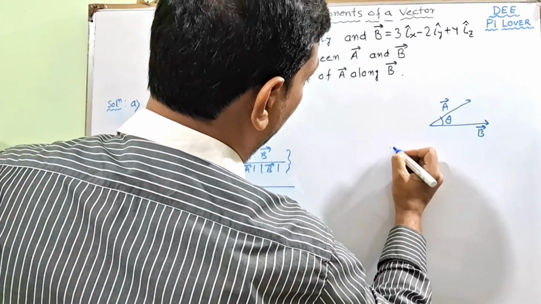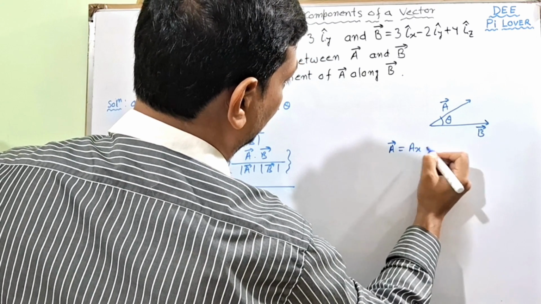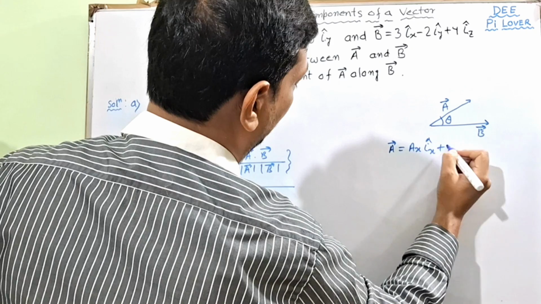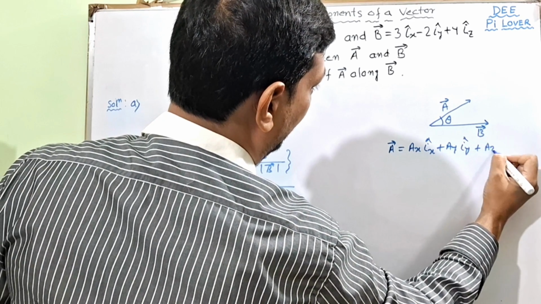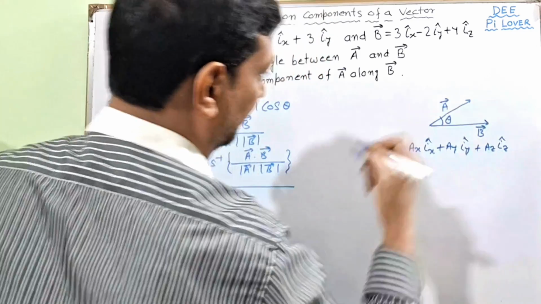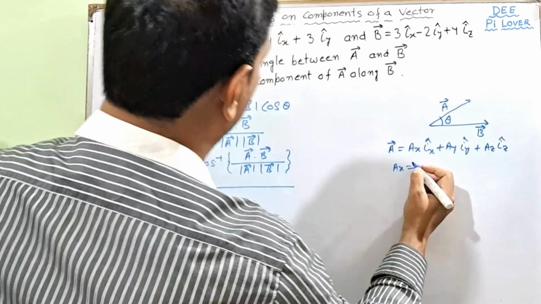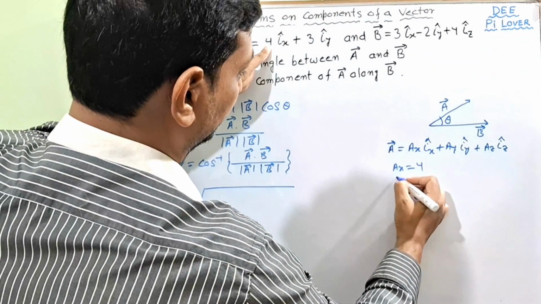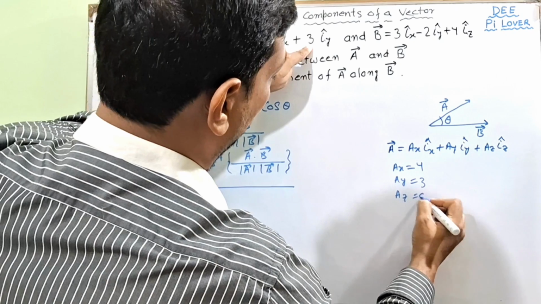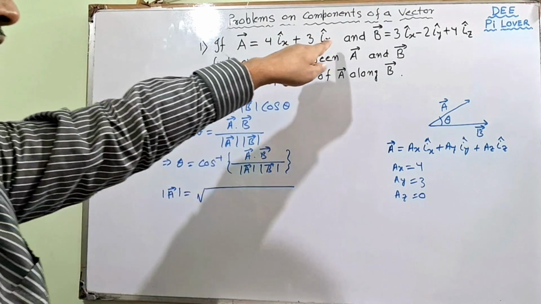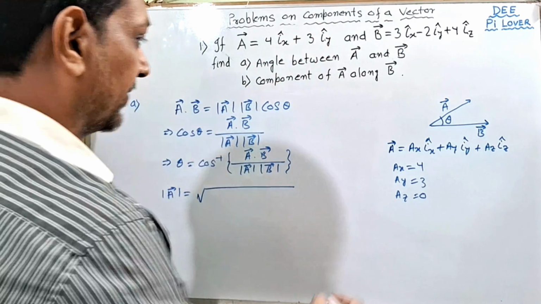We can write A vector equal to AX IX unit vector plus AY IY unit vector plus AZ IZ unit vector. That means AX is equal to 4, AY is equal to 3 and AZ is equal to 0, because we are not getting here any component of IZ, that means AZ is 0 here.